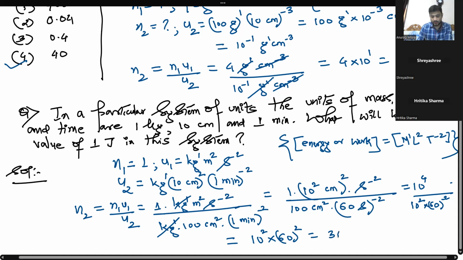So I'll get 3600 into 10 to the power 2, or we can say 3.6 into 10 to the power 5. So simply we can say in the new system, 1 joule will be 3.6 into 10 to the power 5 units, whatever units. Is that clear?